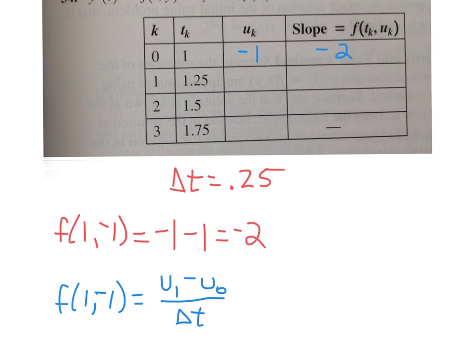We also know the change in t. I'm going to manipulate this formula just like I did before to get u sub 1 by itself.